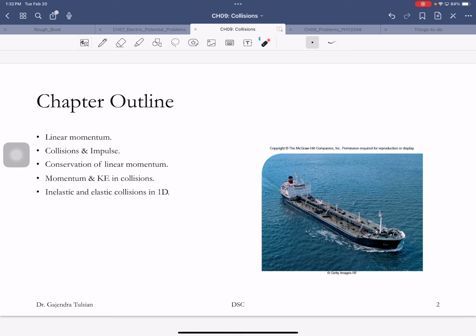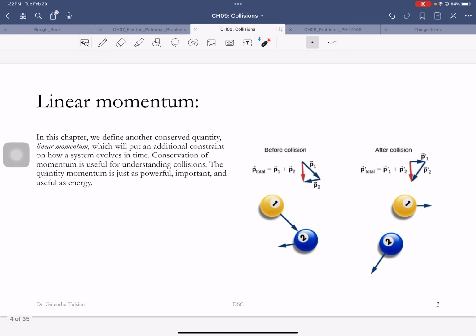And we'll look at momentum and kinetic energy in collisions. Here are two objects colliding. Let's say this one is going in this direction, and this one comes and collides with it. There's the momentum of ball P1 and the momentum of ball P2. The sum of these momenta is the total momentum.